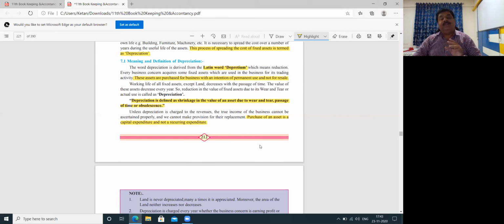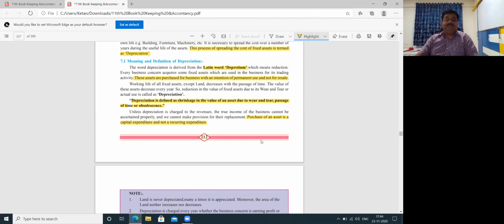Whenever you are charging depreciation, you are not paying to anybody. तुम्ही कोणाला पैसे देत नाही, तो तुमचा लॉस झालेला असतो. It is your loss and not expenditure. The term expenses and losses: expenses you are paying the cash, losses you are not paying cash. Okay, but it's a loss.